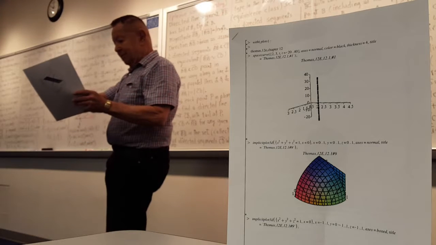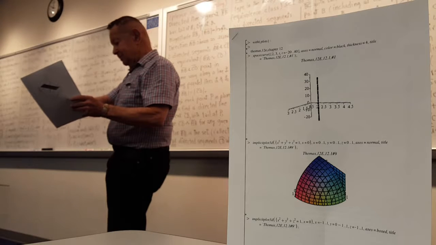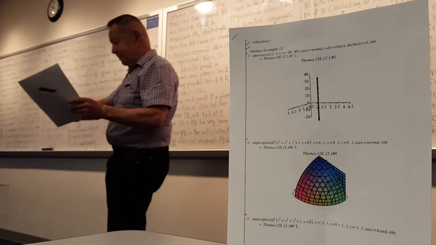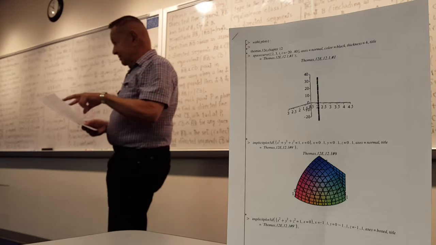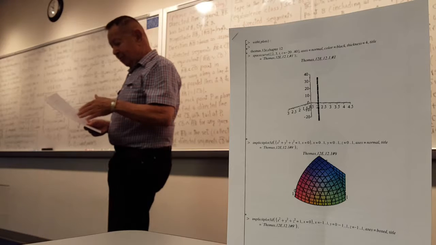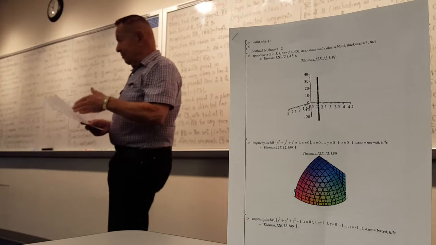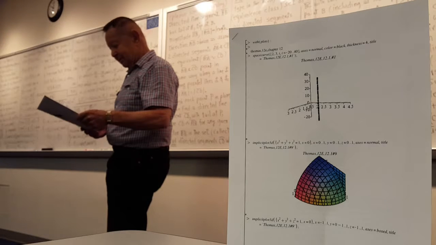So if you look at my picture, you see a portion of a sphere, and you also see a portion of a plane there. So I defined two structures, plot structures, the portion of the sphere and the portion of the plane. That's why it's a set with the set braces.